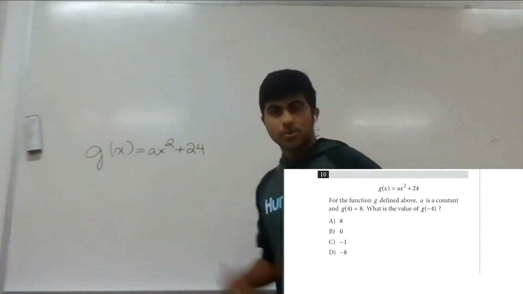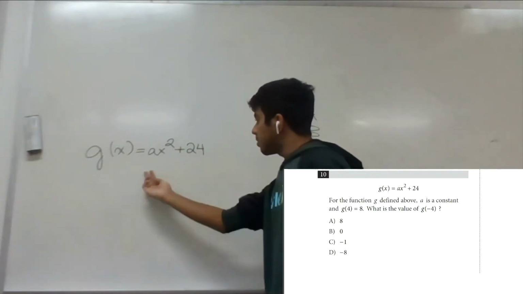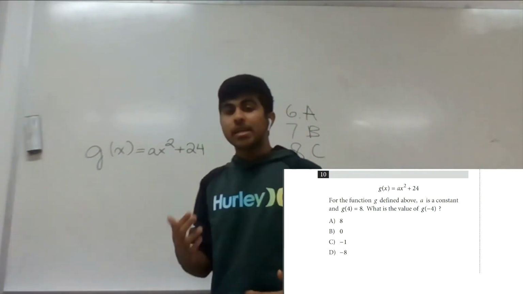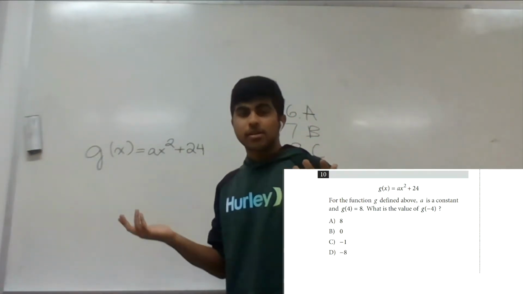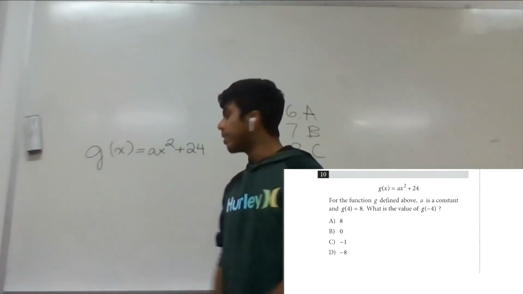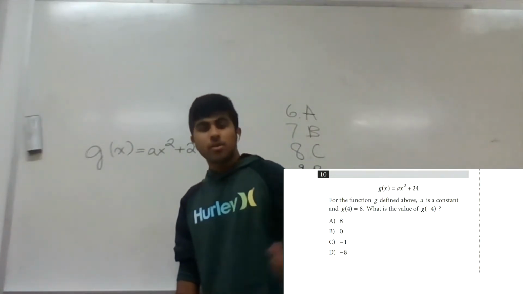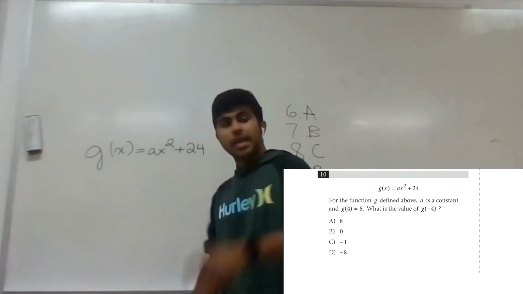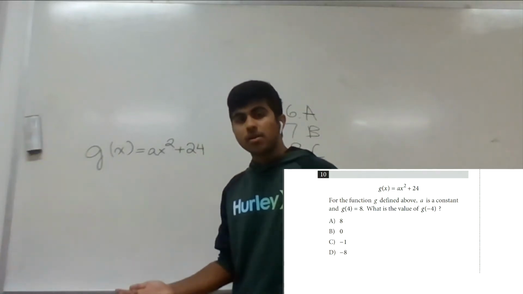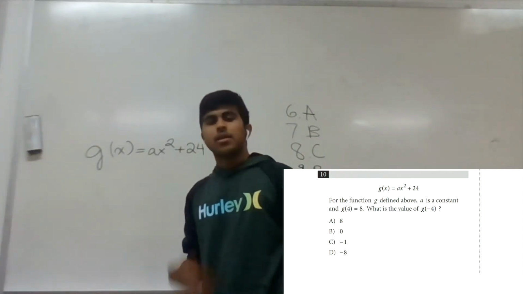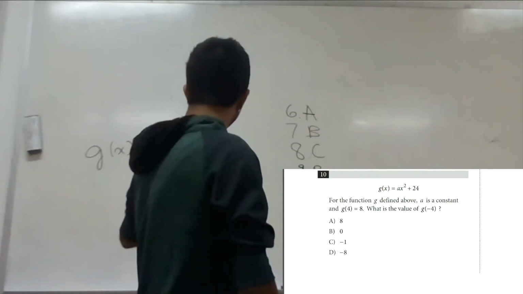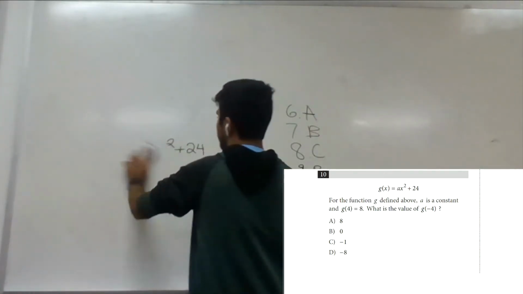This is degree 0, no x's. If it is even, that means it's going to be the same for x and negative x. For 4 and negative 4, for 3 and negative 3, it's going to be the same. So we know that if g of 4 is 8, then g of negative 4 is still going to be 8. That's just a pretty quick method that works for this problem.